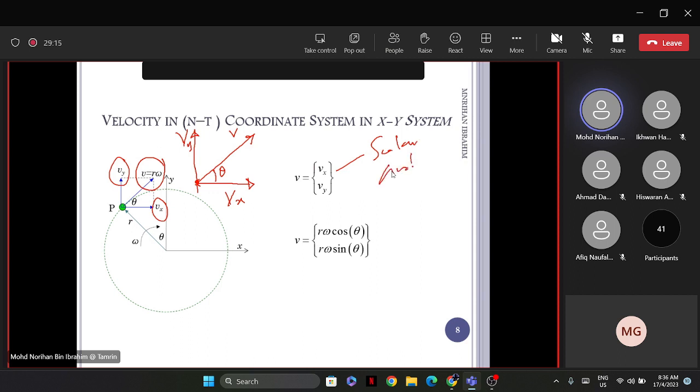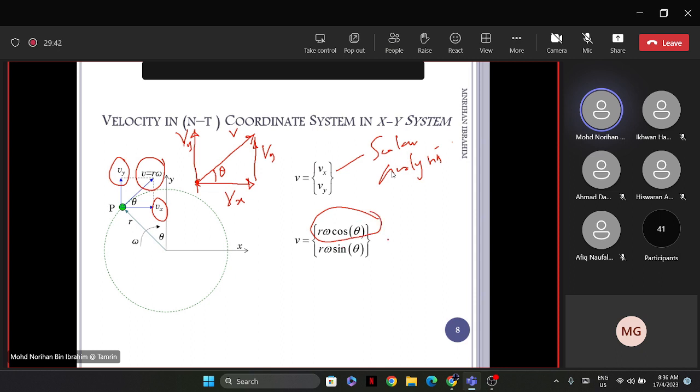Scalar analysis. V is equal to Vx, Vy, and Vx is equal to R omega cos theta. How do we get R omega cos theta?